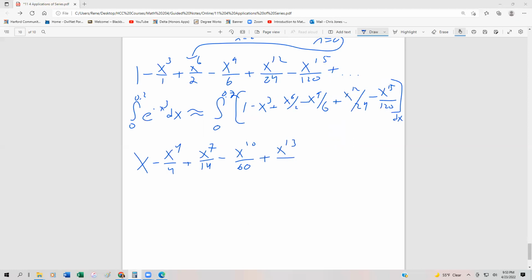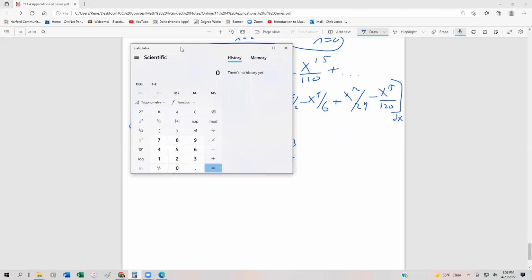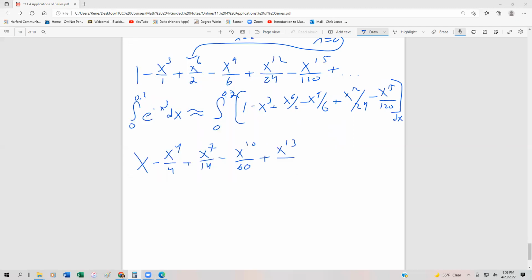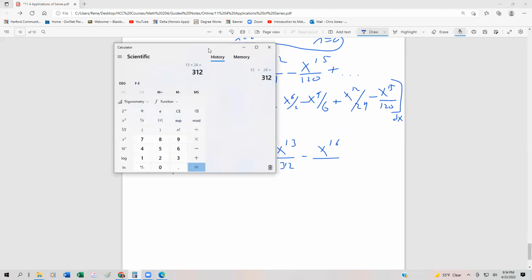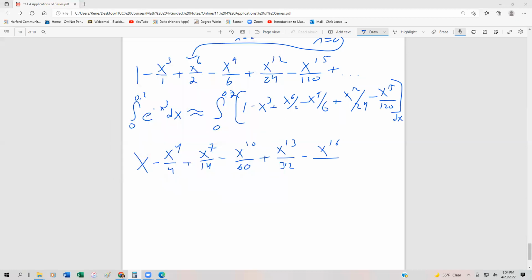So just use a calculator real quick. 13 times 24, that's 312. And then finally, x to the 16th, and 16 times 120. So 16 times 120, it's 1920. And that goes from 0 to 0.2.